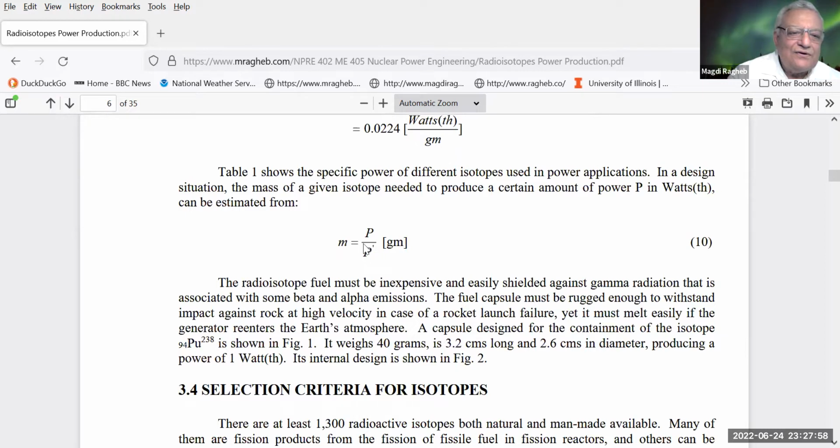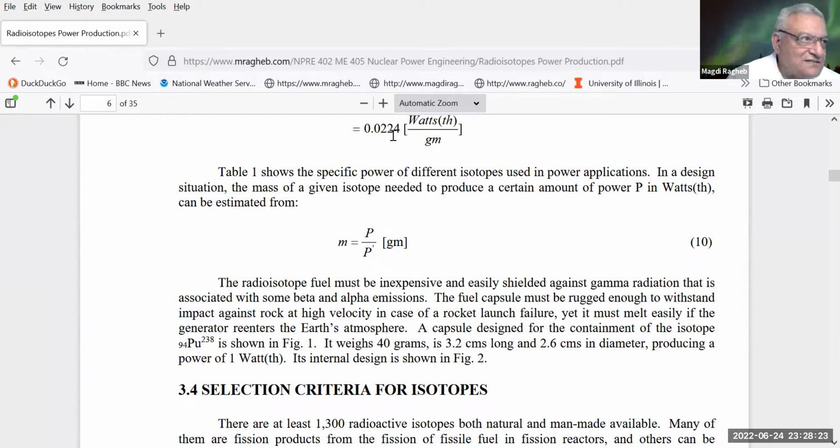Knowing that you have calculated that specific power, the specific power is a property of the isotope. It's just watts per gram. It doesn't tell us anything about how it decreases as a function of time. It's going to keep its value as long as the isotope is emitting radiation.